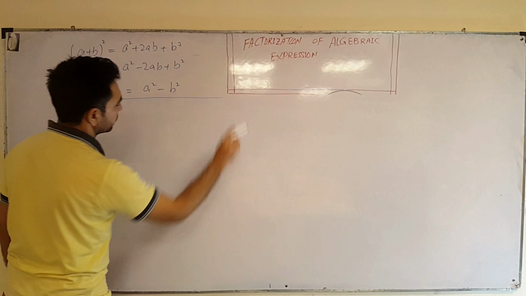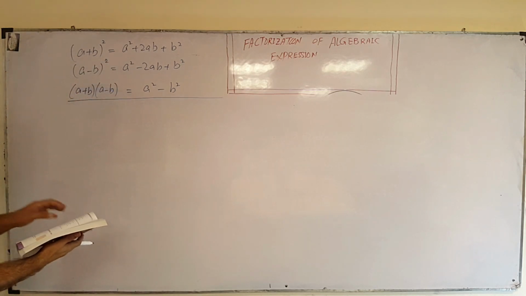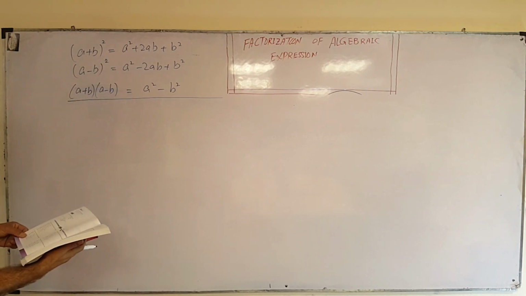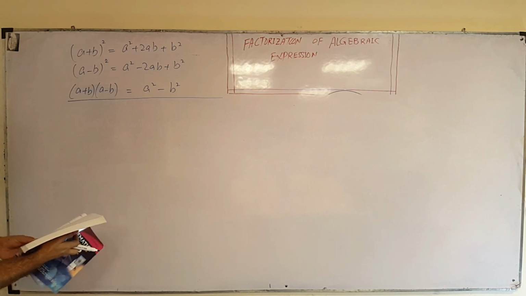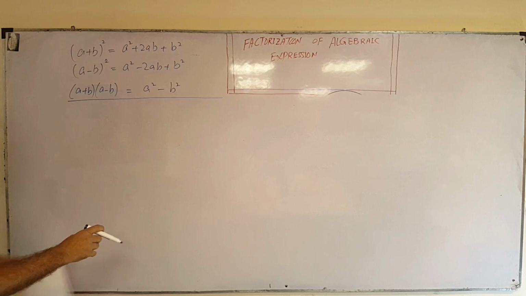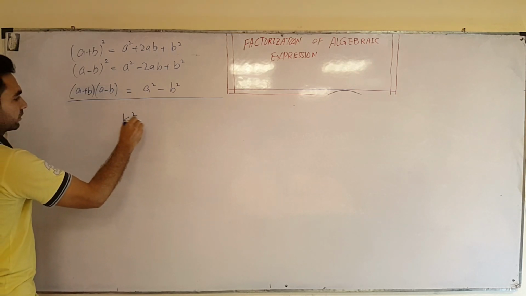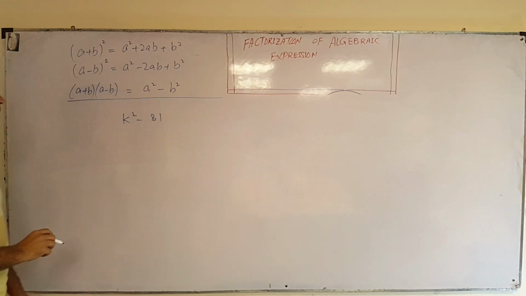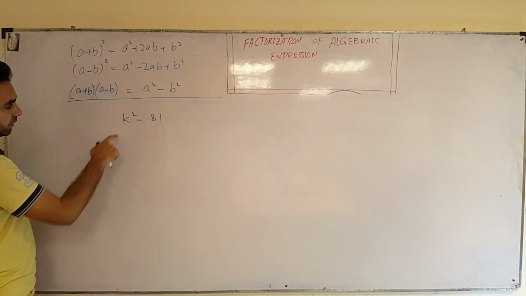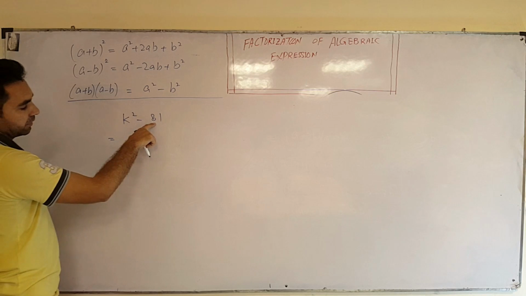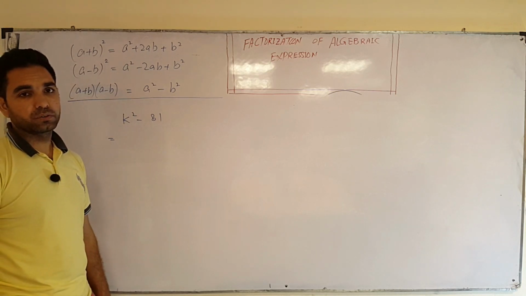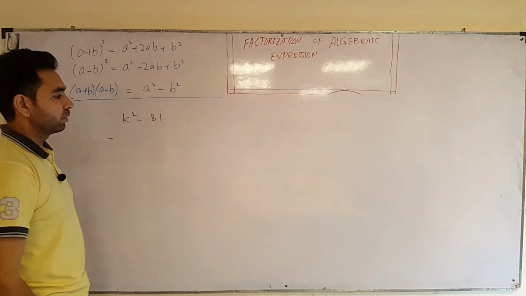So we have to use these and factorize some of the expressions. So one of the expressions is k square minus 81. Now we can see that this is k square, and 81 is a square of something, and that something is what?